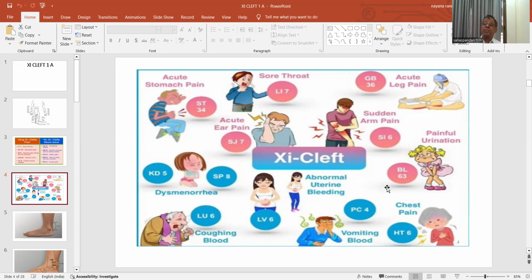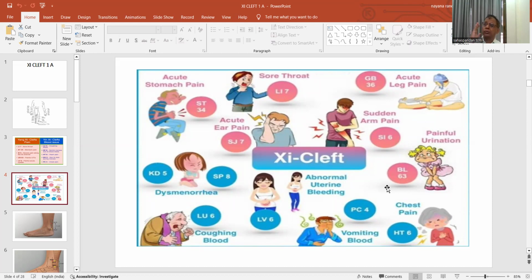Bladder 63, painful hernia-like disorder, and acute cystitis, so inflammation in the bladder. And kidney 5, it is for the blood in the urine. If you are urinating and you find blood, apply kidney 5.